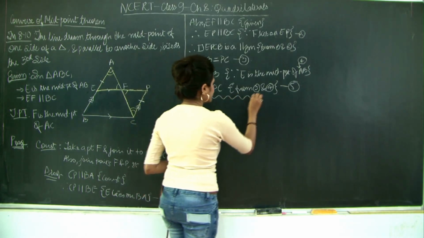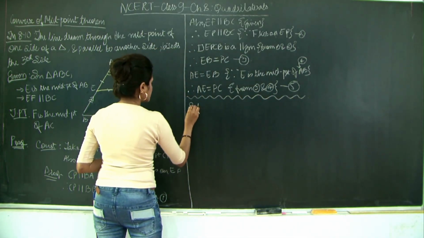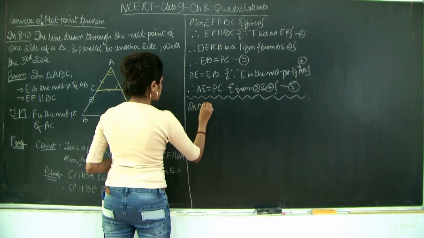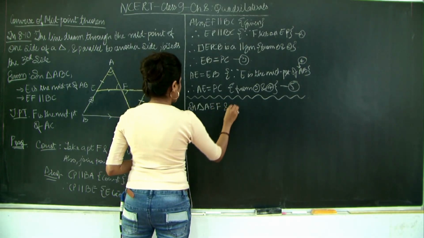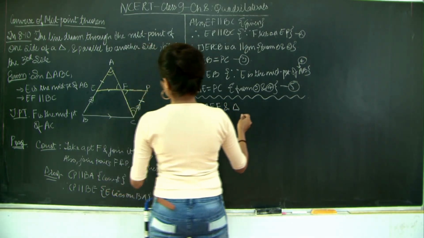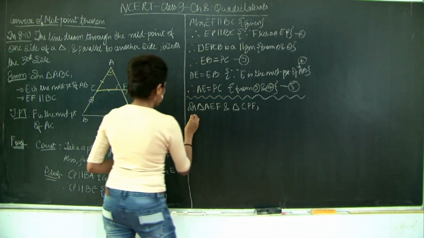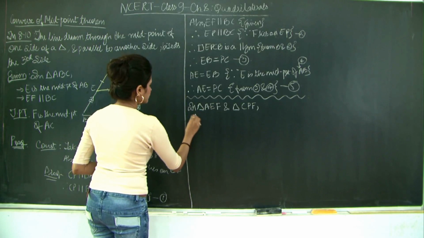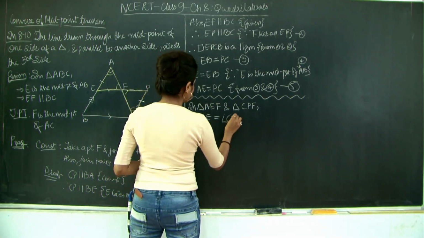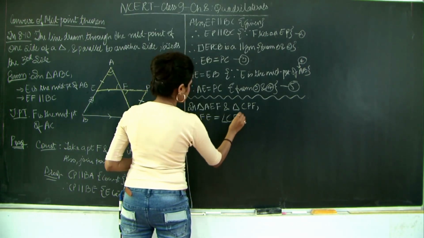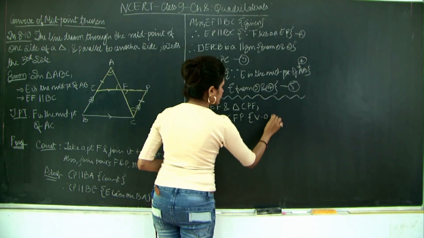So I'll just divide the sections. Now in triangle AEF and triangle CPF, I have angle AFE is equal to angle CFP. Why? Because they are vertically opposite angles.